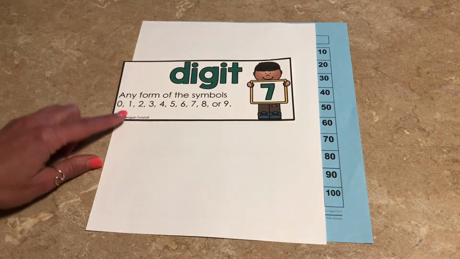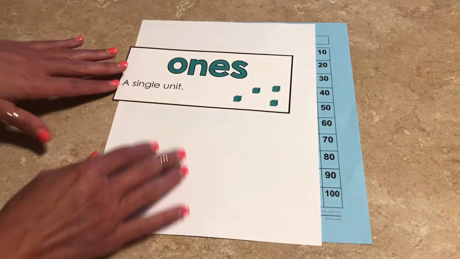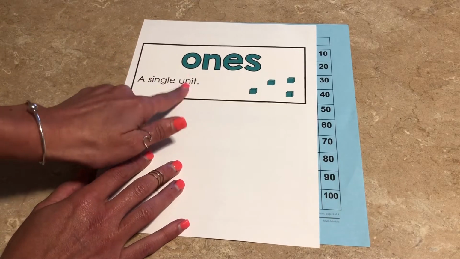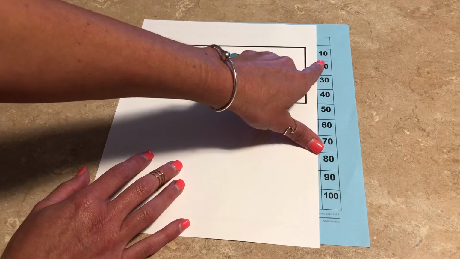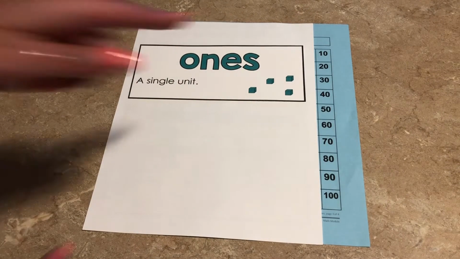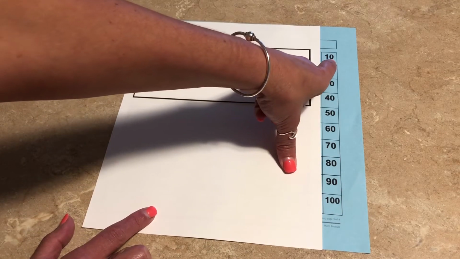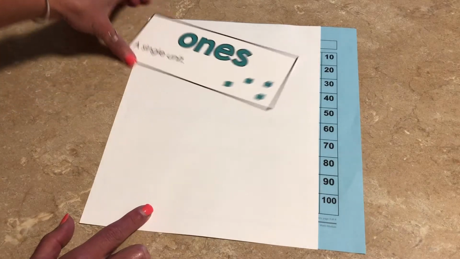The 0 digit sits in what's called our ones place value. This is showing us how many single units are in this number. There are no single units in any of our tens. That's why the digit 0 is holding that place value.